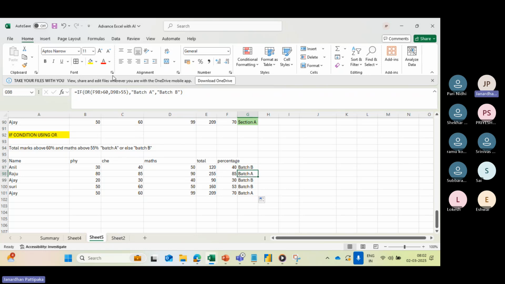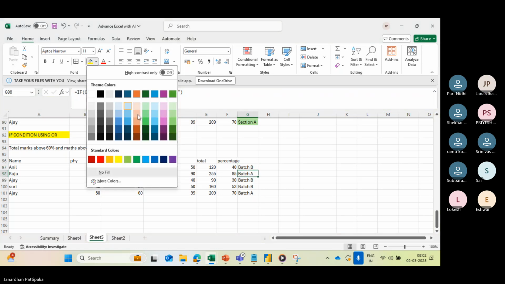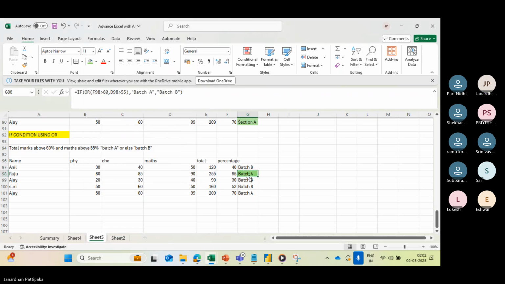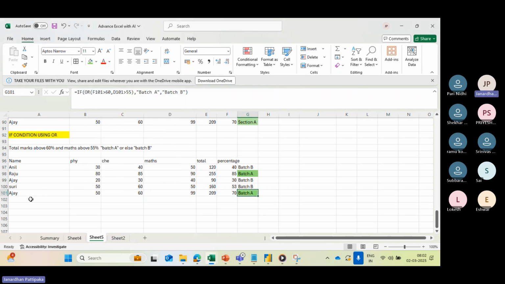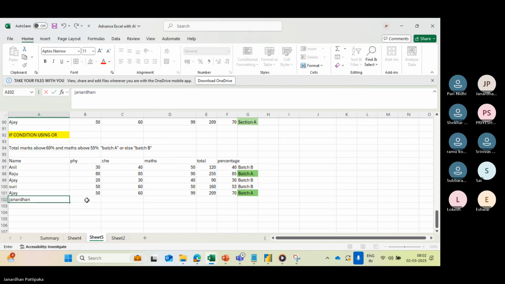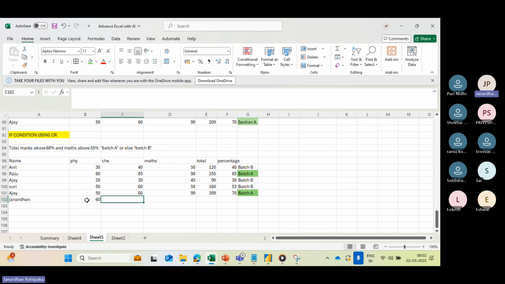This is the batch A. You mention it in the green color. I will select this batch A. This has passed. Now I will enter a new record like Janardhan. So here I am getting 60% something.